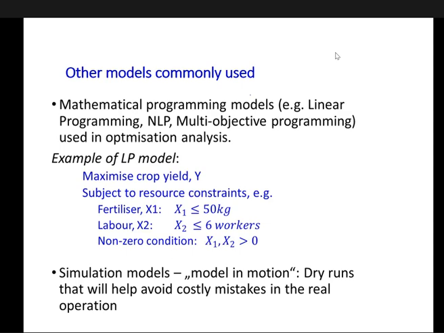And here the formulation is in the crop yield. You want to maximize the yield of the crop Y, but that maximization is called the objective function, and it is subject to the constraints of the resources you have, because you don't have the luxury of abundant resources.